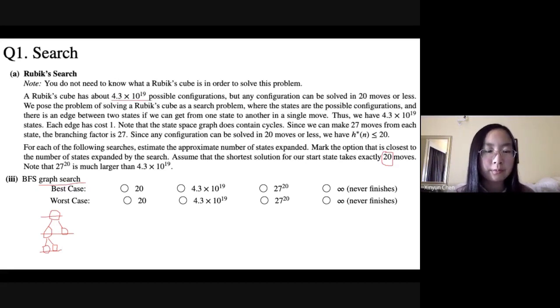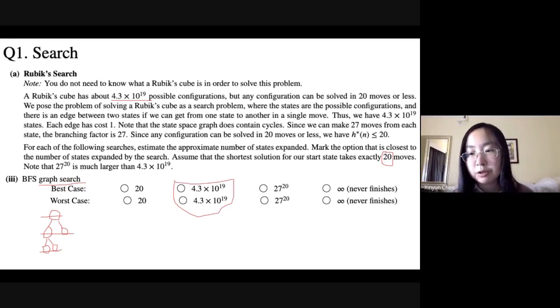But due to the design of BFS, for both the best and worst cases, it will explore all the possible states, because the optimal solution in our case is exactly 20, and 20 is an upper bound of the optimal solution for all the starting states. So this becomes our final answer.